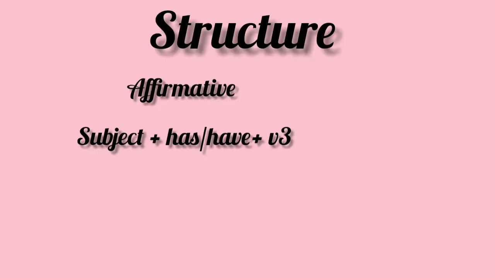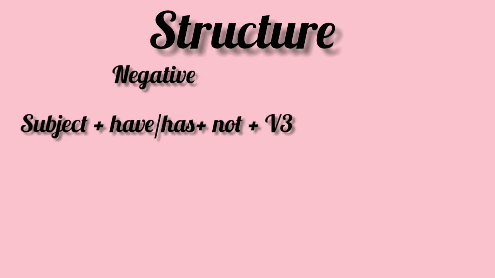The structure for writing affirmative sentences for present perfect tense is the subject plus have or has plus the third form of the verb. For example, I have slept, you have slept, and he has slept. Negative sentences are written as subject plus have or has plus not and plus the third form of the verb.